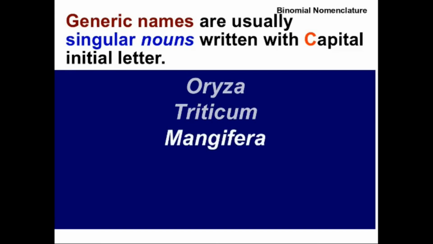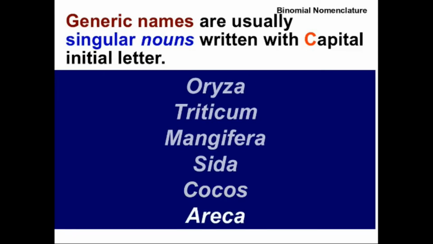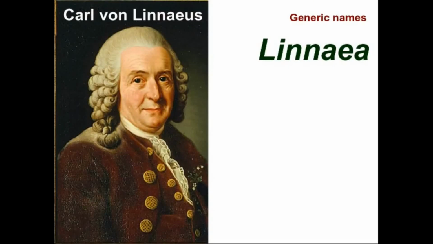Most of them are edible: Oryza rice, Triticum wheat, Mangifera mango. Then Sida is a common medicinal plant. Then Cocos, coconut. Then Erica, and so on. So you will know many generic names or genus names of plants. And a genus name may sometimes be given in honor of certain scientists.